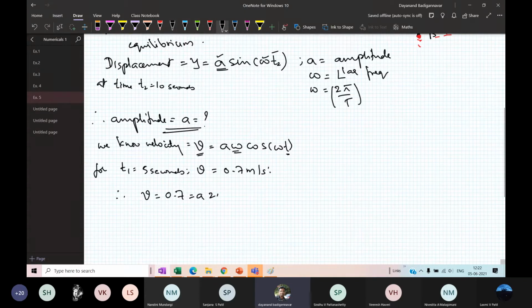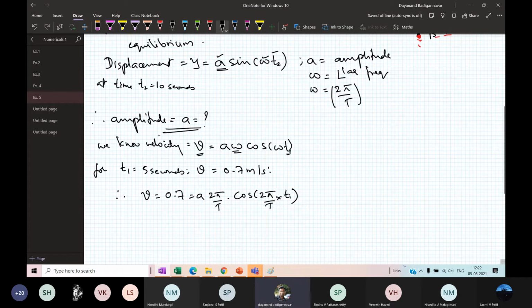It's 2 pi by T into cos of omega t, omega again 2 pi by T into time. Instead of t, I will take it as T1. So T1 is 5 seconds.